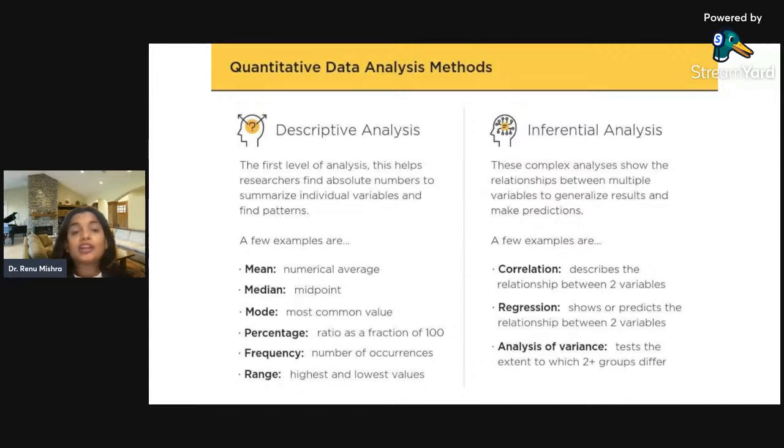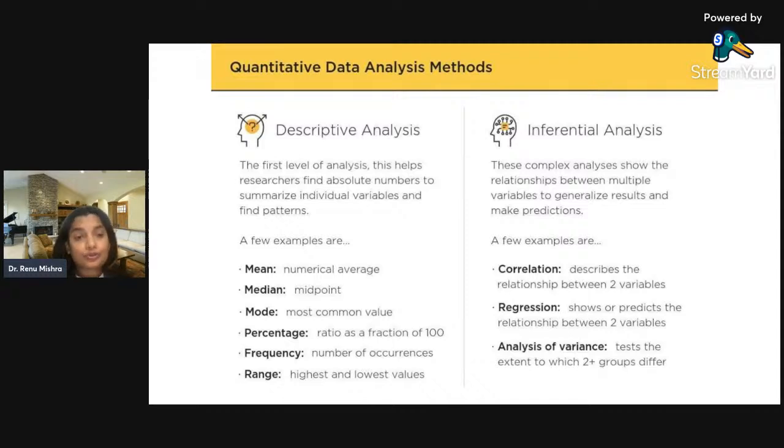Now, when you're talking about inferential analysis, the question is what exactly does that data mean? What kind of results and predictions should come out of it? That means, for instance, you are trying to describe the relationship between two variables, correlation. You are trying to predict, or discuss the extent of that relationship between two variables, regression.